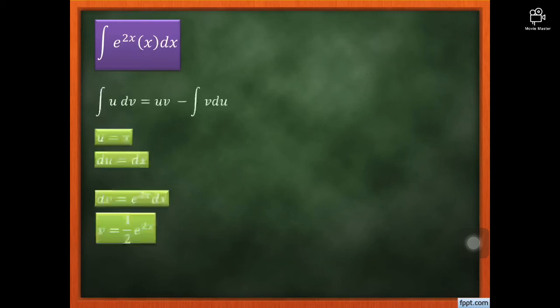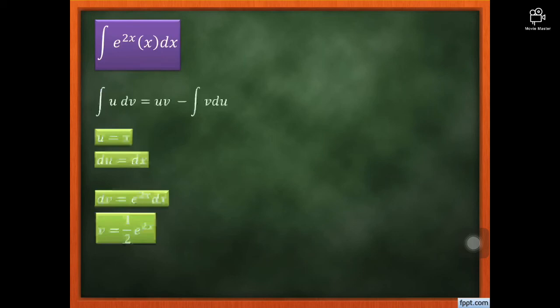So using integration by parts in this function, you have to remember that the integral of u dv is equal to uv minus the integral of v du, wherein you will be considering your u as your x, because in choosing u, you need to use my lecture in the past topics.